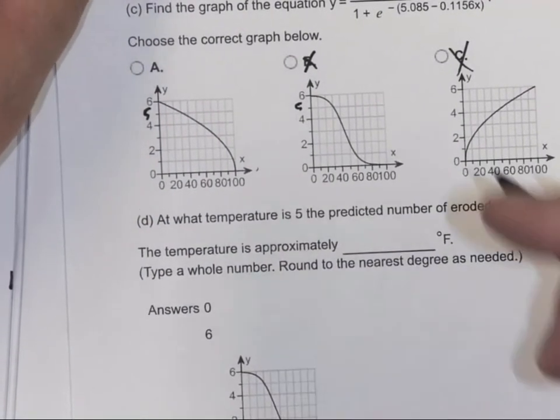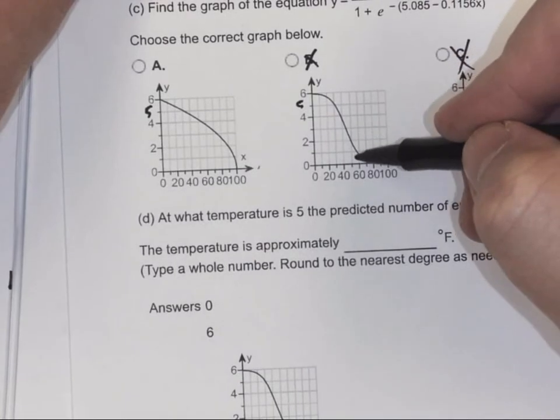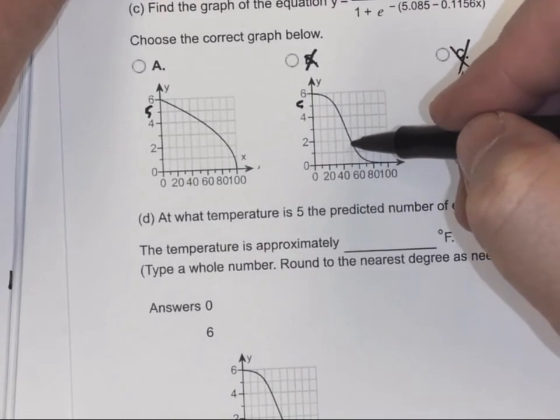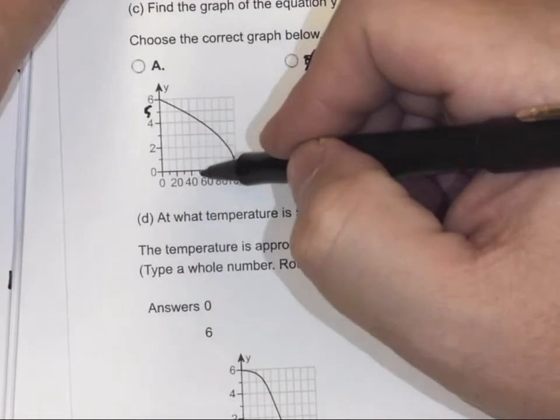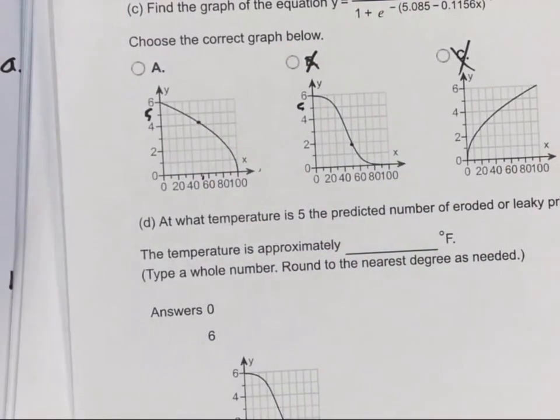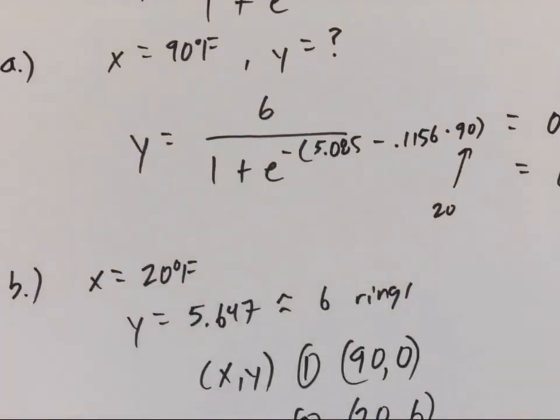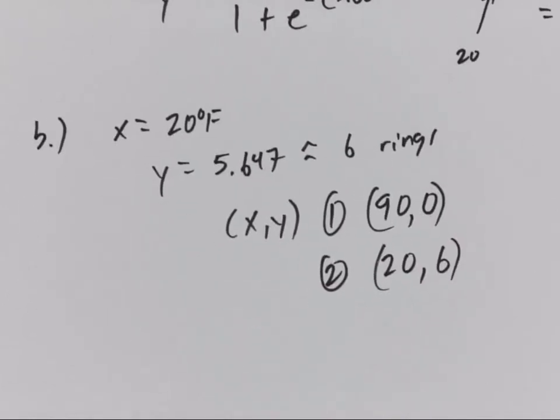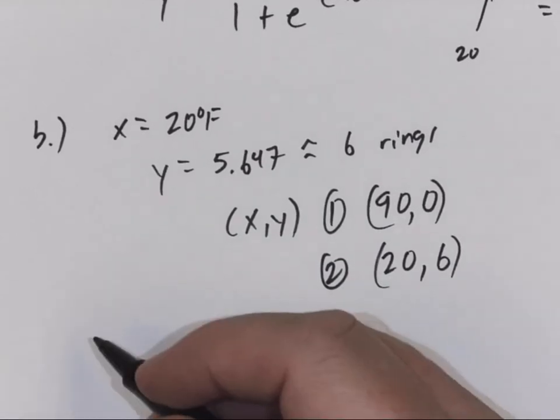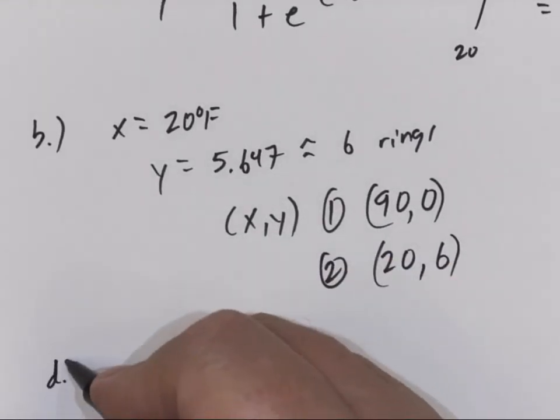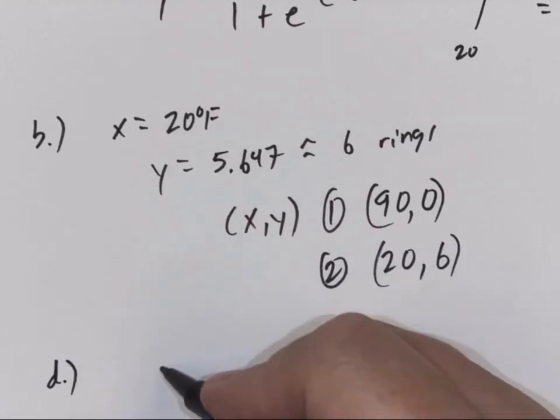If you wanted to know for sure, you could actually take a number like 50 and plug it in, because the 50 is here and the 50 is way up here. You should see the difference. But moving on, the very last part, part D: at what temperature is 5 the predicted number of leaky O-rings?